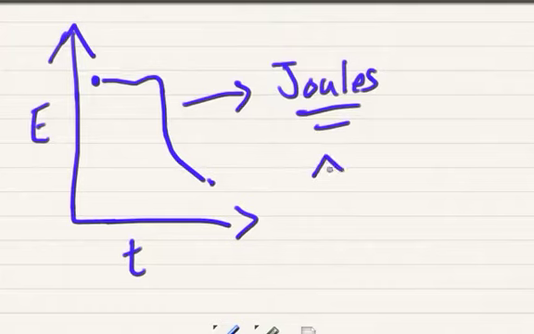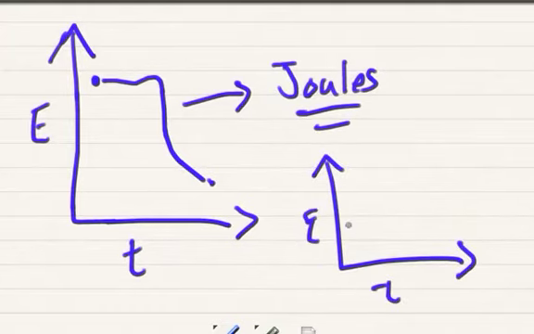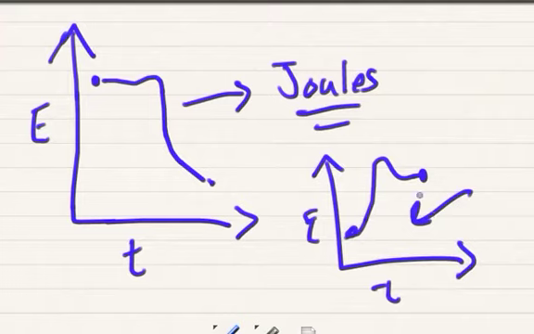I can also have an endothermic reaction, where I'm having to put energy into the reaction to make it go. That's also measured in joules. Occasionally, you may see people use the term calorie.